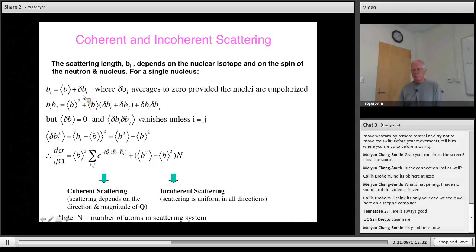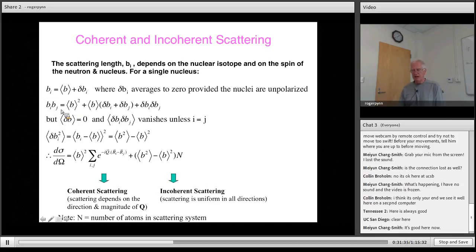Remember that what I need to do to find the cross-section is I need to find a product of these scattering lengths for the i site and the j site. And if I simply plug in this expression for b_i, then I'm going to get a b average squared from each one of these two.